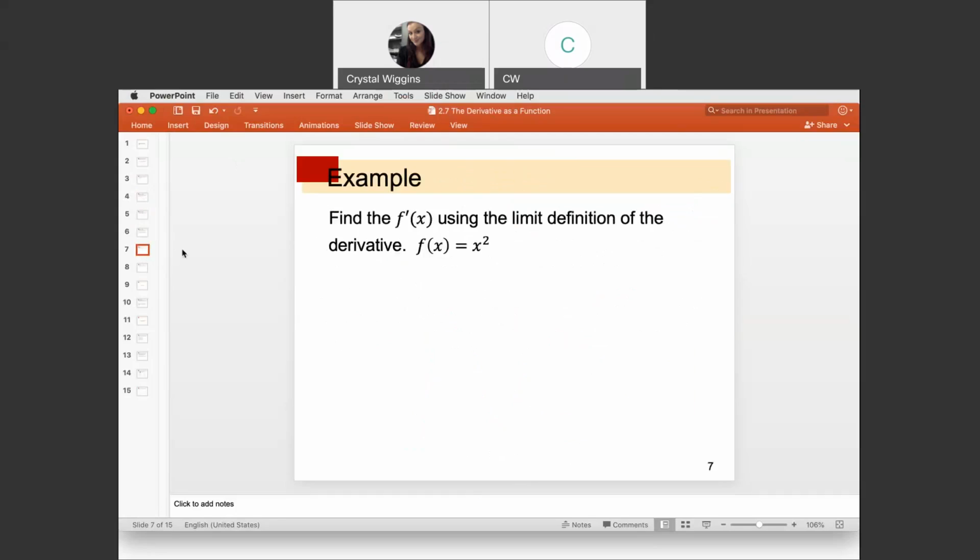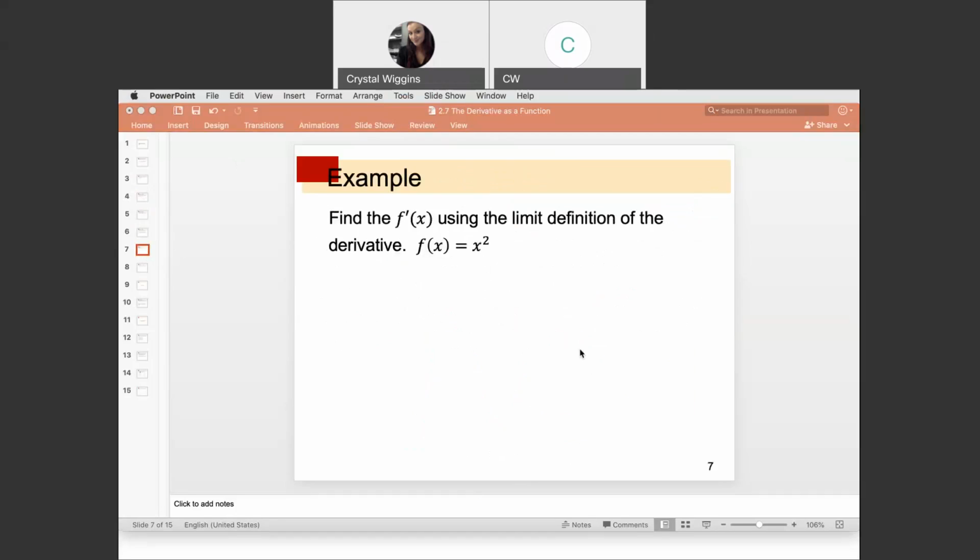Let's find the derivative of the function x squared using the limit definition. Now, if you know what the shortcut rules are, that's great to check your answer, but up until the first exam, the expectation is you will do the limit definition out, and shortcuts will receive 0 credit. If you have no idea what I'm talking about, then you have nothing to worry about.